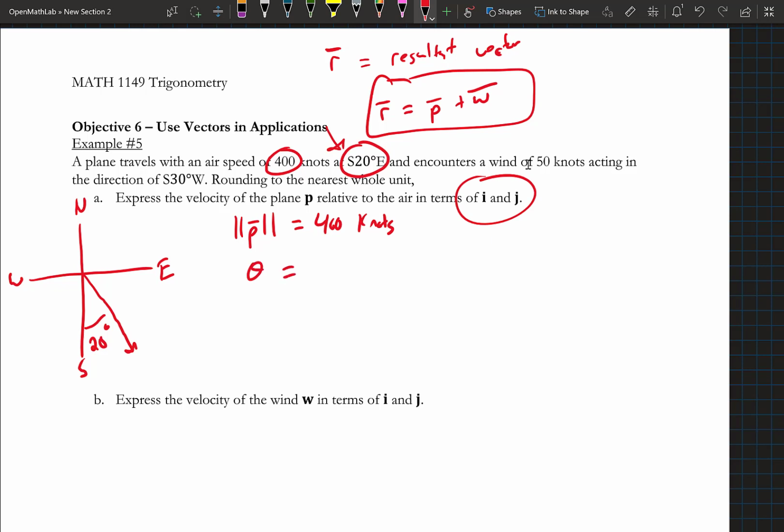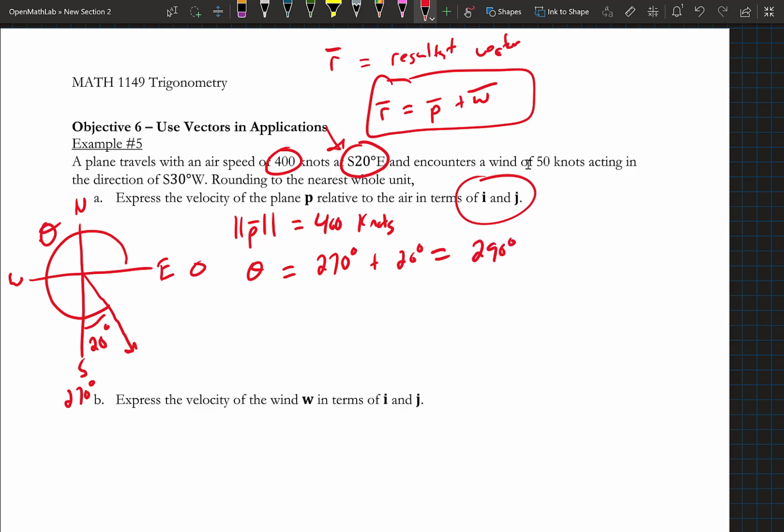So theta is going to be equal to 270 degrees plus 20 degrees, because here is 270 degrees, since here's 0 going around that way. That's what theta is. So we need to take 270 plus 20 degrees to get 290 degrees.